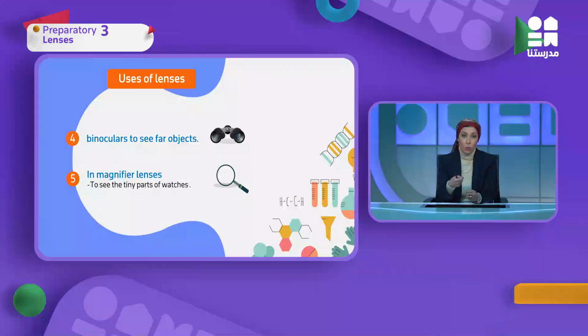And also in magnifier lenses, sometimes we can't read the very, very small letters, so we use a kind of lens called magnifying lens. Magnified means I can use it to make the letters bigger so I can read well. So it is used in magnifying lenses to see the tiny parts of reading or the tiny parts of watches.